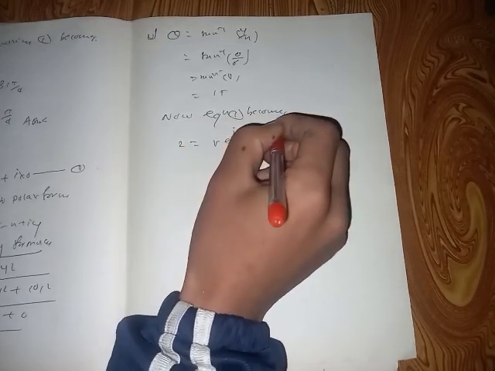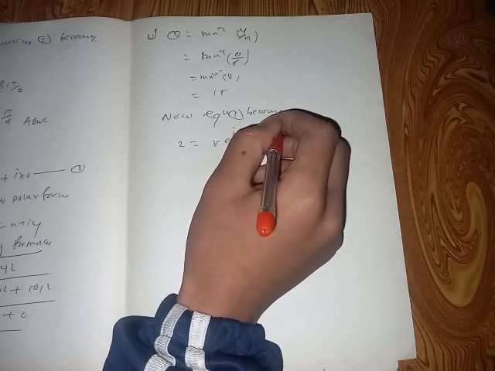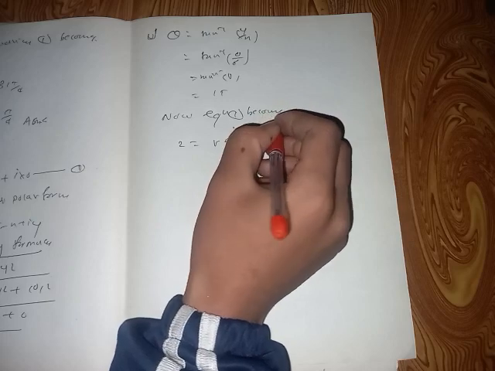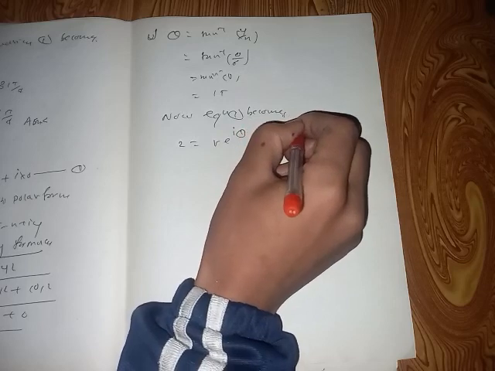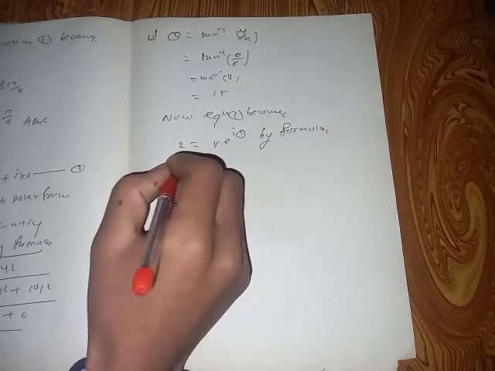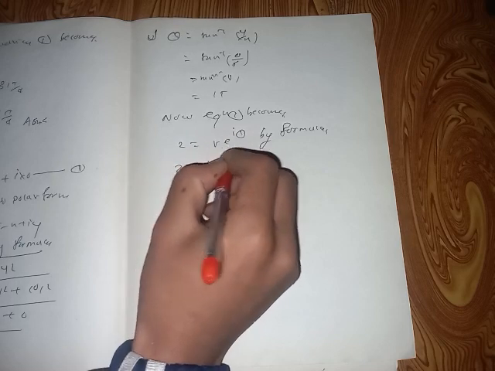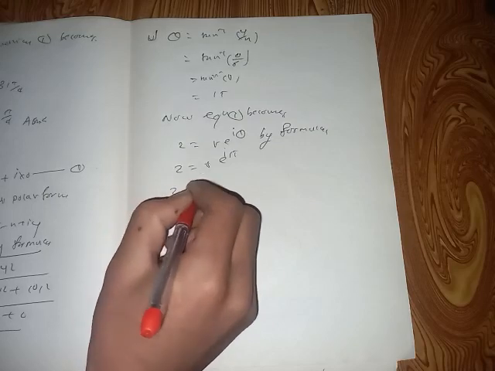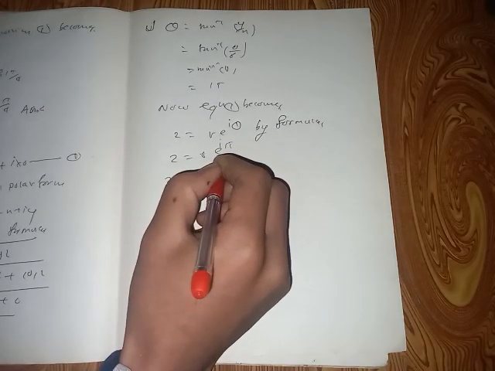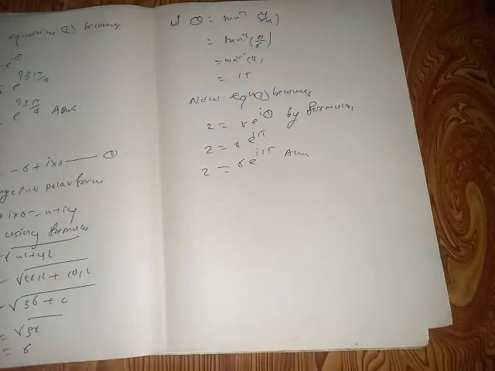This formula converts the polar form into the exponential form. The value of r is 6 and the value of theta is pi, so our answer is 6 e power i pi. This is our answer.